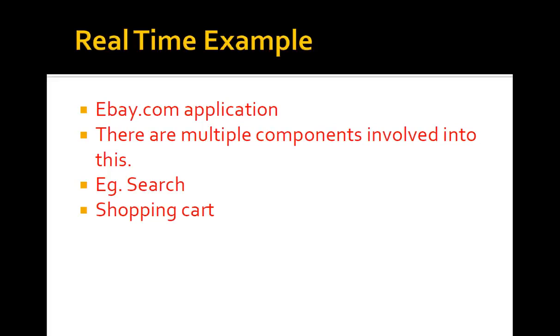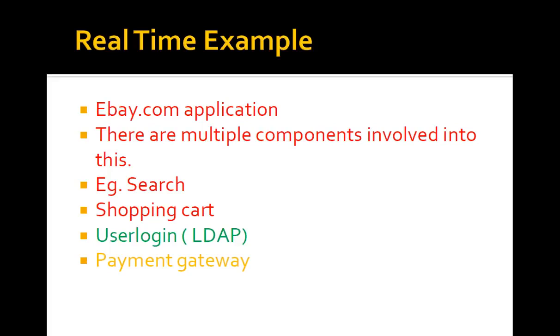Now if you take an example like ebay.com, the ebay.com has multiple components in it. If you go to the eBay site and see the various components, you will see a search bar, then you will have a shopping cart application, then there is a user login that needs to be managed, which is handled by an LDAP server. Then there is a payment gateway, which gives you access to payment.